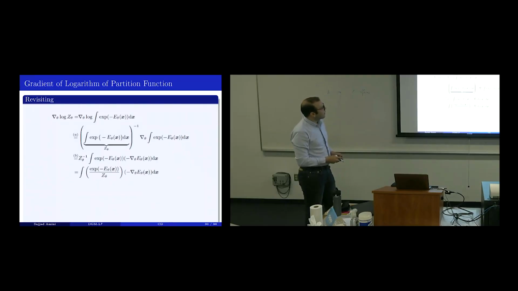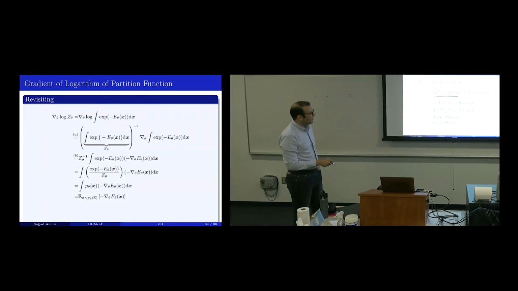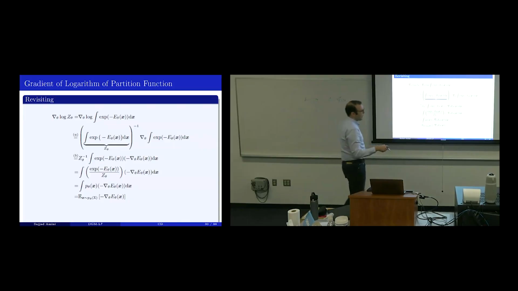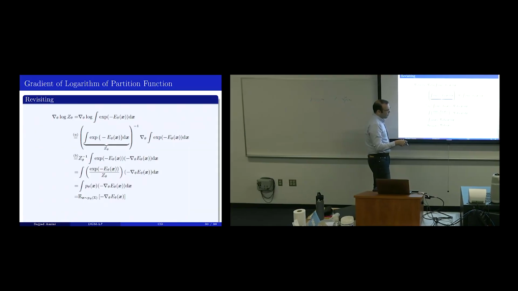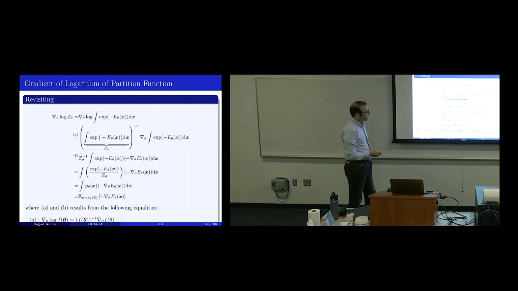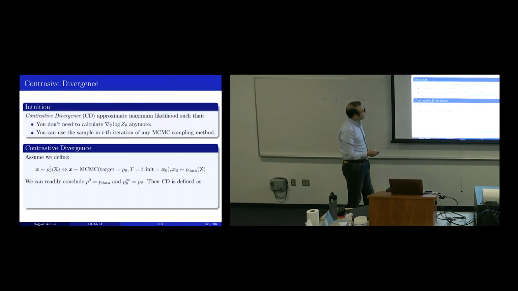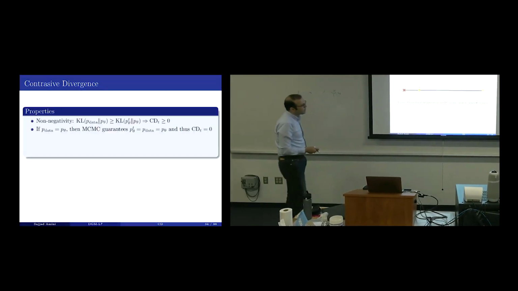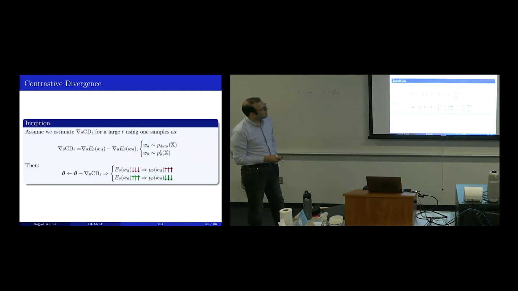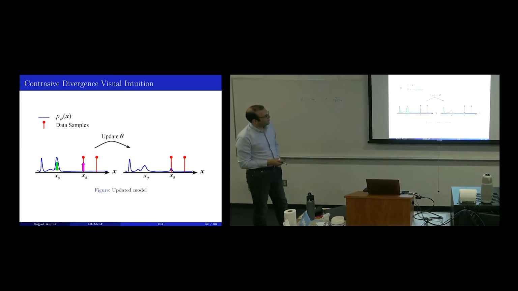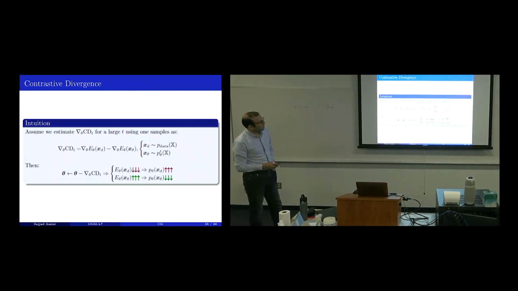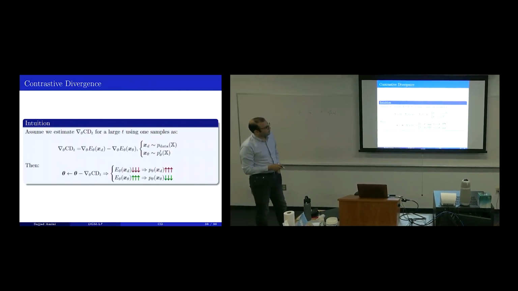Then we talked about how we can train it. Training the model needs sampling from the model and estimating this expectation. But the problem is that the sampling is very hard, so we need to replace this idea. Our replacement option was contrastive divergence, and in contrastive divergence, you can have this type of loss function.